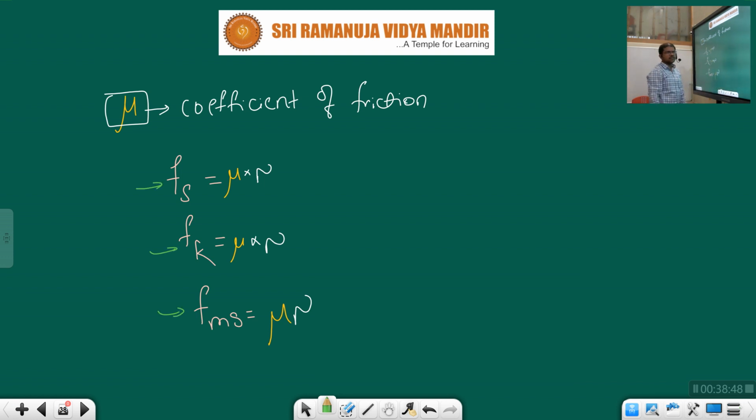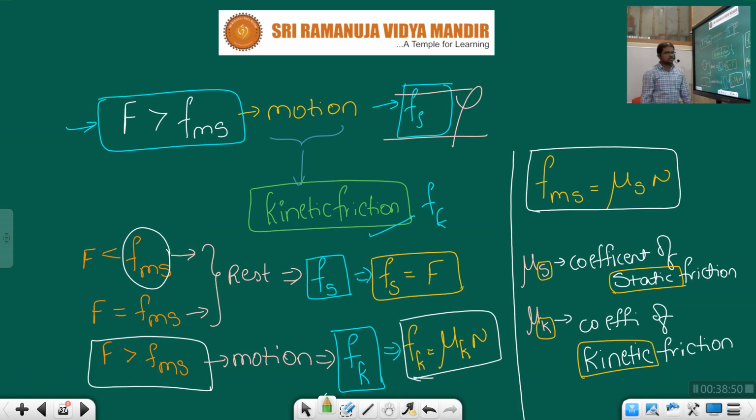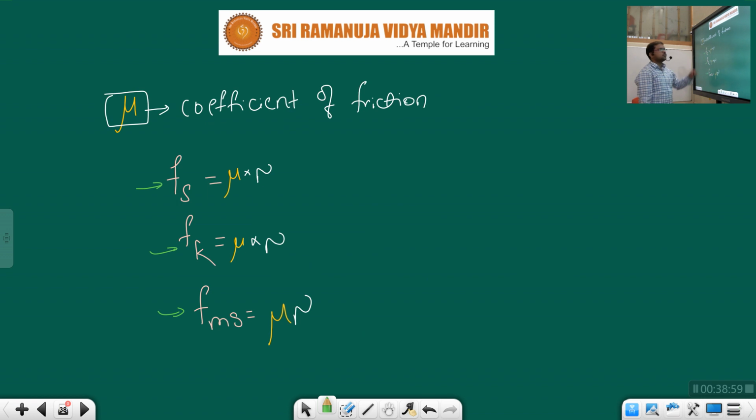Suppose in questions the values of mu s and mu k are given, it's okay. If they did not mention them, definitely they will mention this mu, the coefficient of friction value.